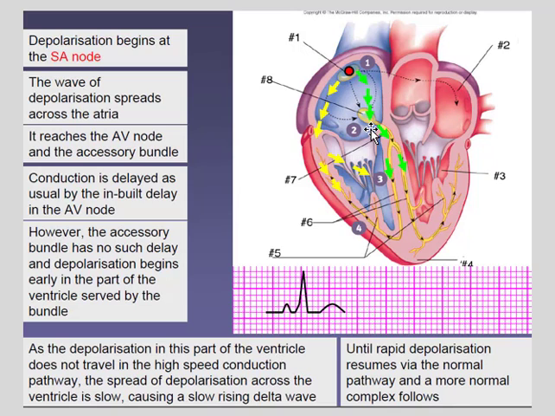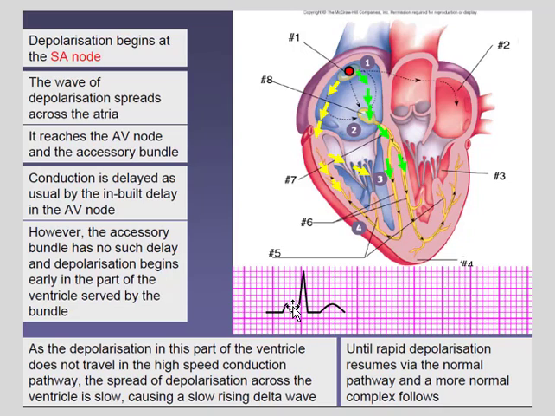One pathway leads to the normal His bundle, where it undergoes a 1/10 of a second pause. But with Wolff-Parkinson-White, there can be an accessory pathway or more, and conduction proceeds without that 1/10 of a second pause along the ventricular walls. The accessory bundle has no delay, and so ventricular depolarization begins early until such time as the normal conduction down the His bundle catches up with it.